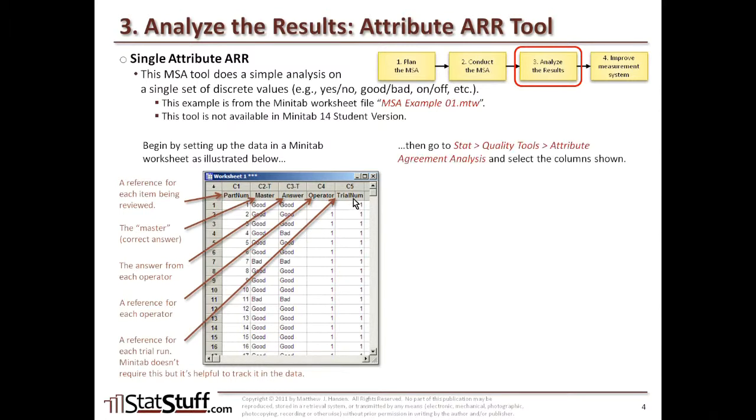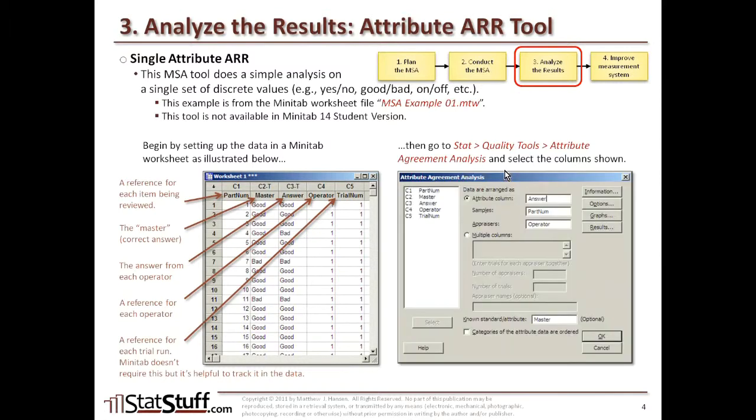Now when you want to go into Minitab to actually run this, you go to Stat, Quality Tools, then you select Attribute Agreement Analysis, and it displays a dialog box like this. When you have the columns given in this example dataset, like the dataset provided on the website itself, the attribute column would be the answer column, the answer that's given by the operator.